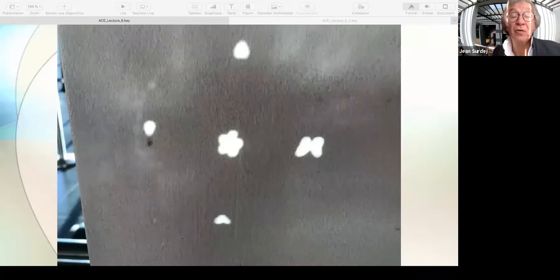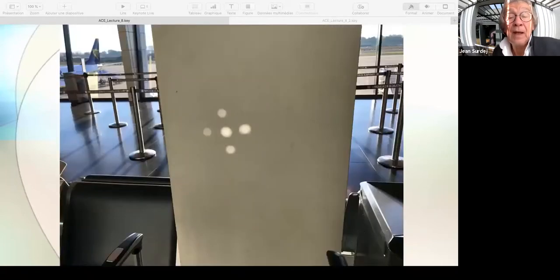Now, this is a zoom on it. You see the right image looks like a butterfly. And now this is when I move away from the screen. I see now the images are blurred.